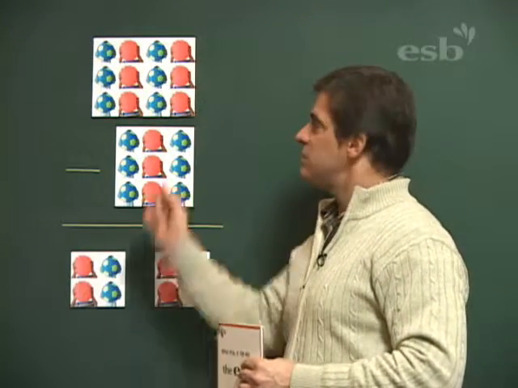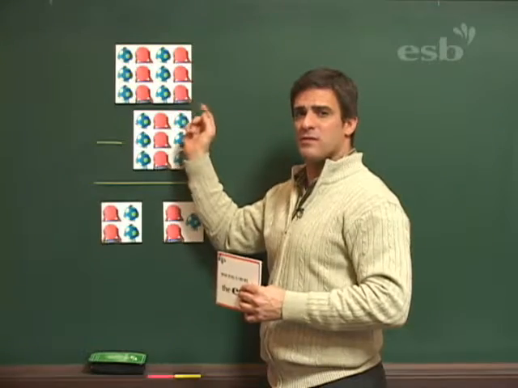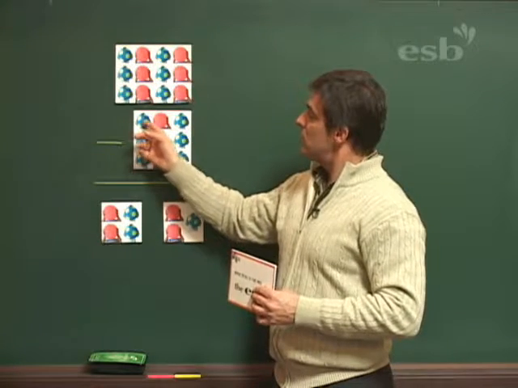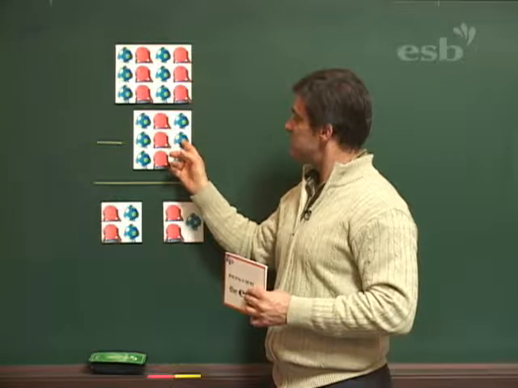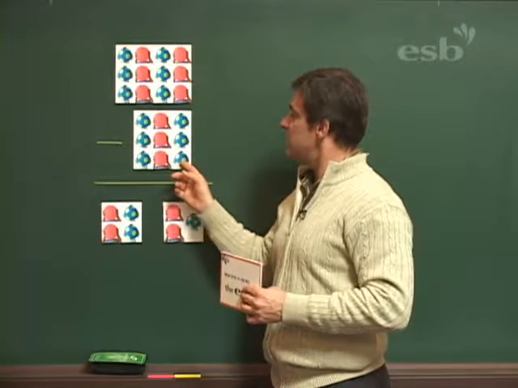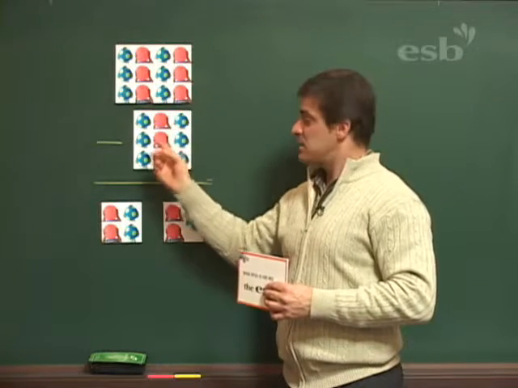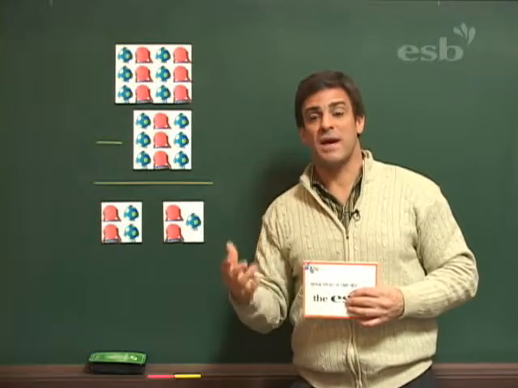Wow, 12. There are 12 balls here. How many do we have here? 1, 2, 3, 4, 5, 6, 7, 8, 9. 12 balls, 9 balls. This is a subtraction problem.